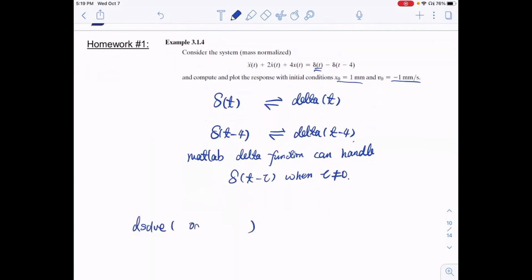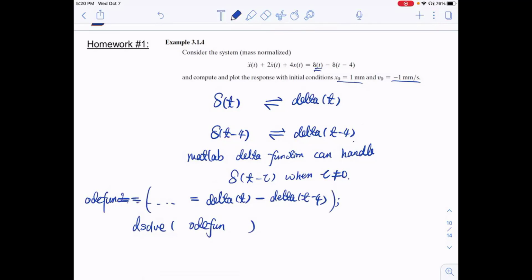You just put your ODE function inside of the dsolve. When you define the ODE function, you define whatever, and then equals delta t plus delta t minus 4, actually minus, right? So that's how you define an ODE function, similar to what you did previously for the free vibration. But then MATLAB is able to handle these inputs correctly, but it won't be able to handle your delta t.